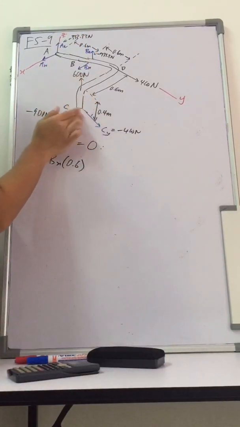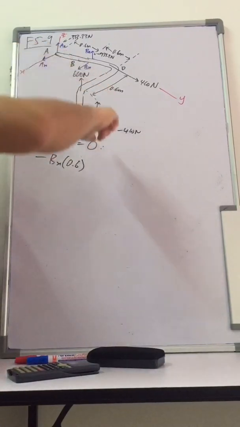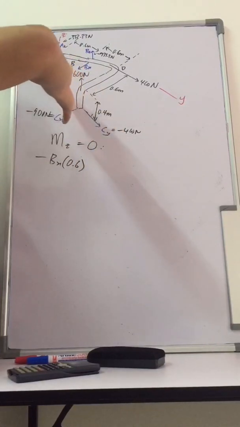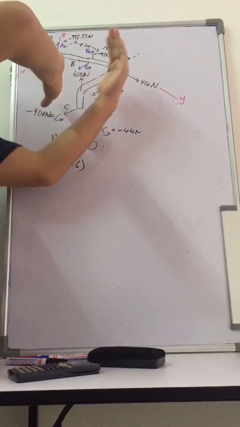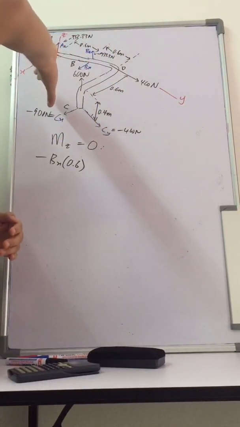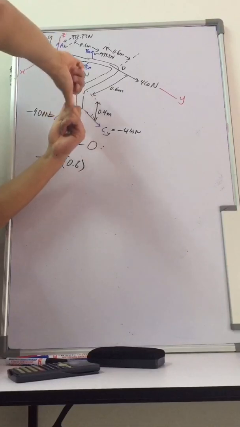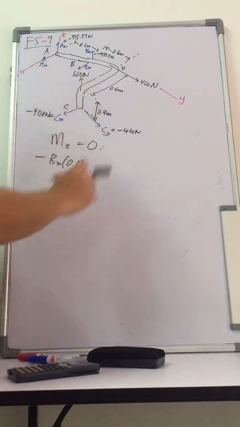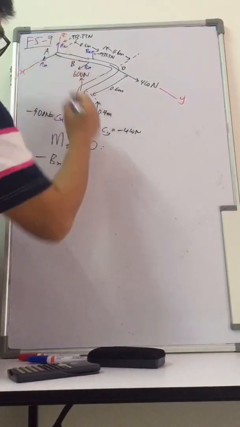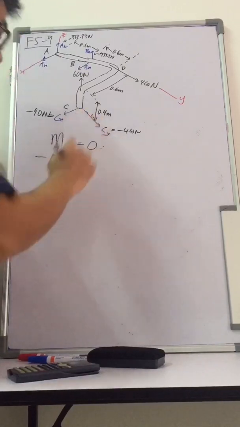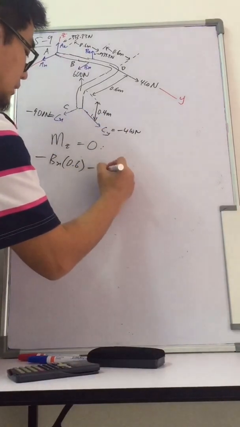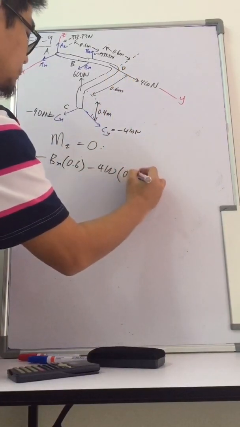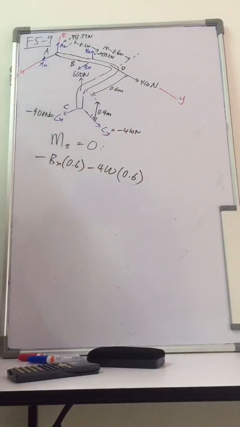So you consider this CY, okay, CY 400 Newton, it should be that way, but it is actually the other way because it's minus. And then this is the perpendicular arm, which is 0.6 meter, okay. You curl that, and you can see that this thumb will point in the negative Z direction. So for this CY, for the moment around the Z axis, you have minus moment. The load is 400 Newton. Okay, don't get confused with this minus, right? The distance is 0.6 meter, right?